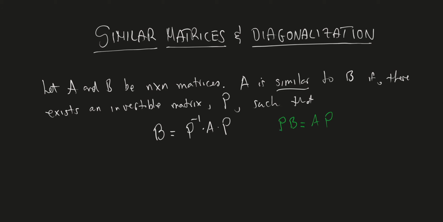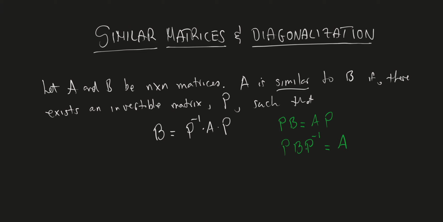Also, in the definition I have B isolated by itself. If I wanted to isolate A, I could do post-multiplication by P inverse on both sides, and I'd have P times B times P inverse equal to A.